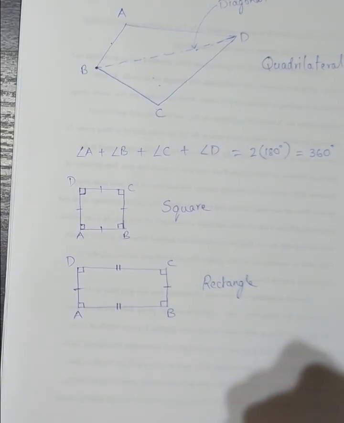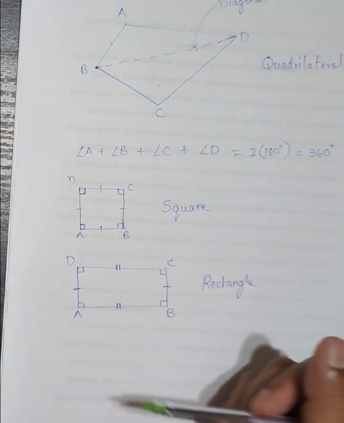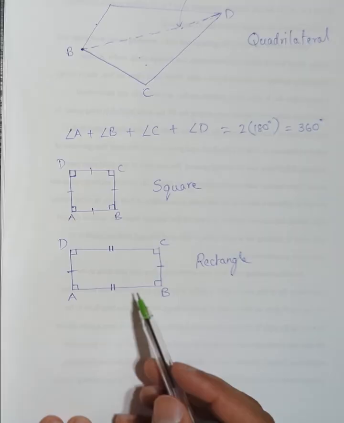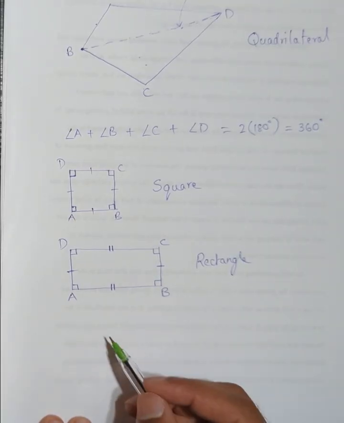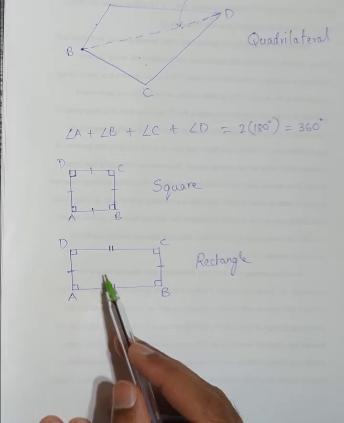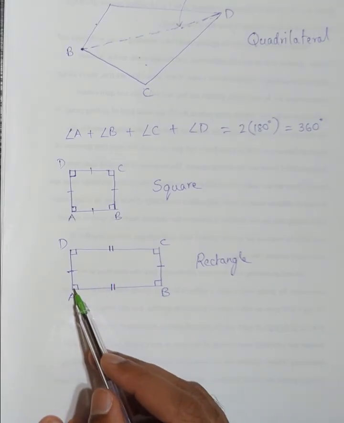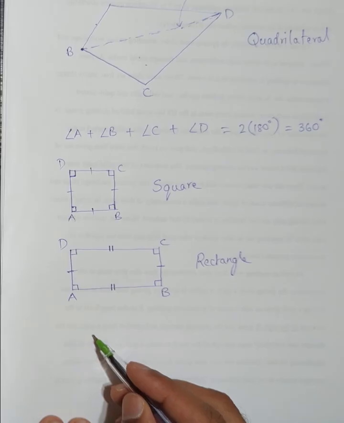So we are trying to draw all the quadrilaterals we can draw. So first we drew square, then we drew rectangle. Now what I'm going to do is mess with this rectangle a little bit so that the angles are no longer 90 degrees.